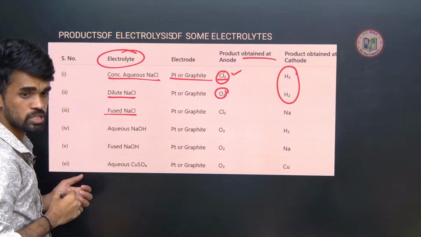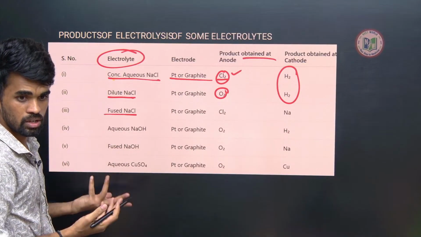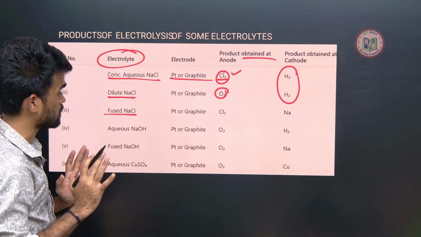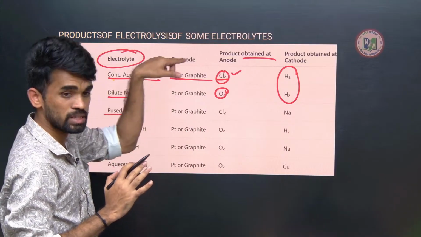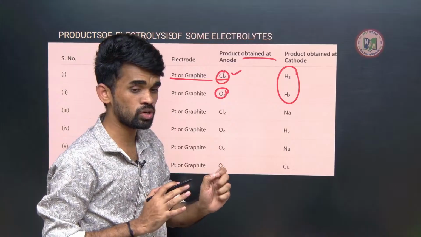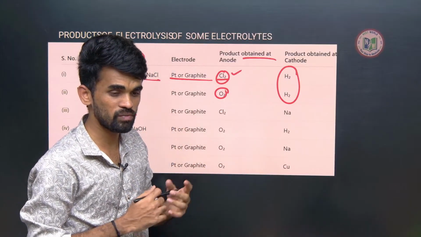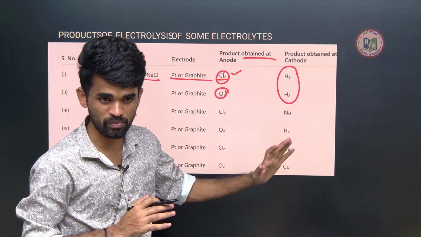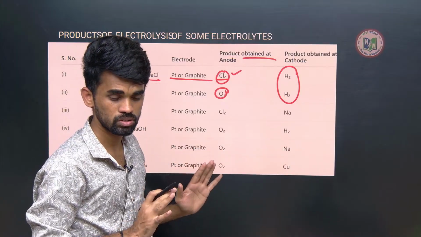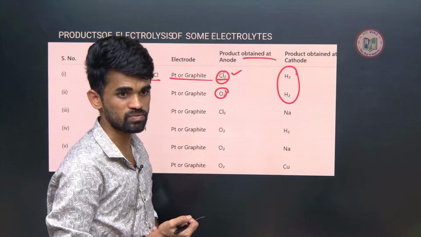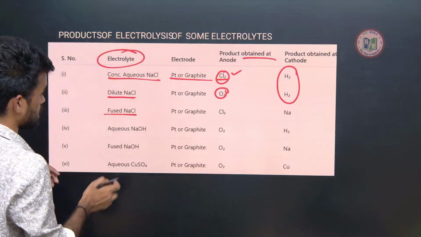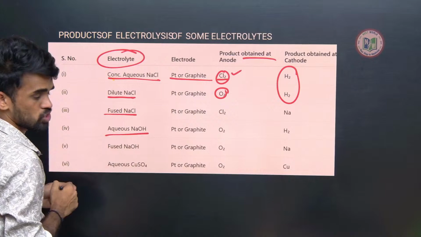In case of fused or molten, chlorine and sodium will deposit, okay. Sodium chloride with mercury as electrode at cathode, sodium will deposit, sodium amalgam will be formed. At anode, chlorine gas will be released, okay. And then next, aqueous NaOH.